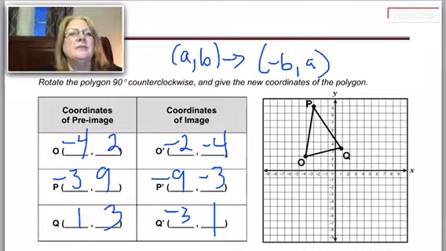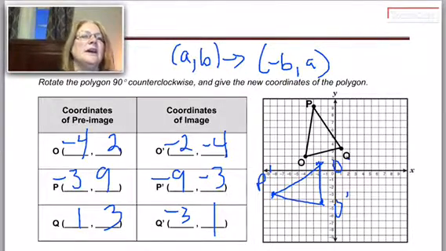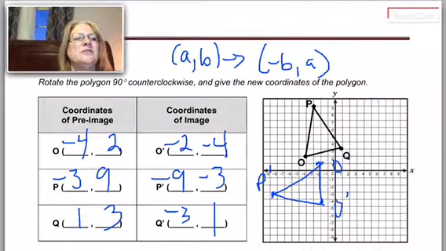And so now let's plot that and see what happens. So we get (-2, -4) would be about there, and that's going to be O prime, and then (-9, -3), that is P prime, and then (-3, 1), and that is Q prime. Okay, and then that would be our 90 degrees counterclockwise rotation.